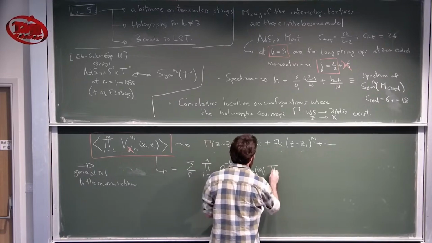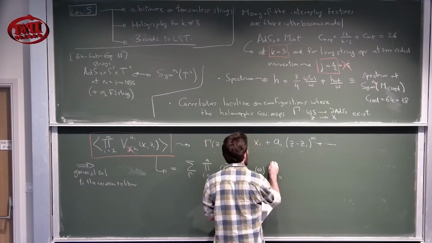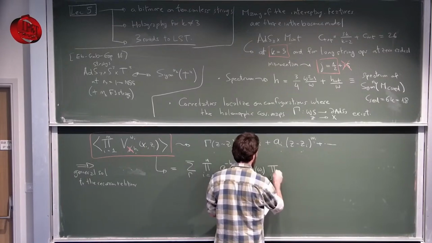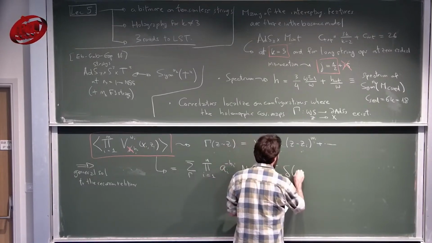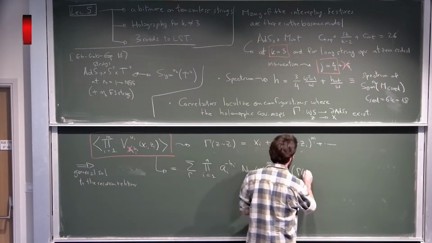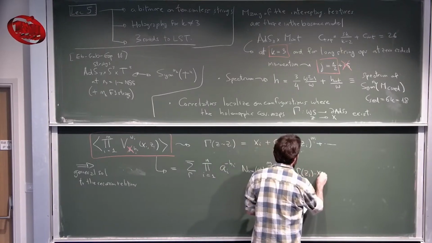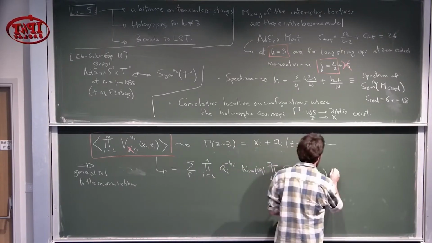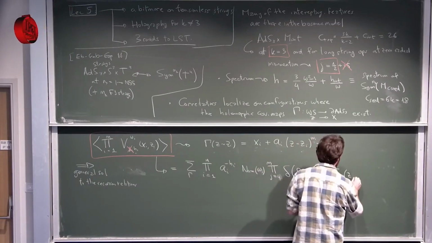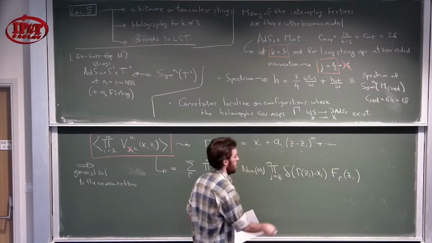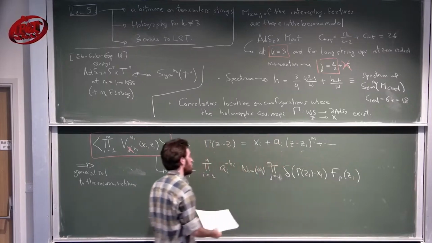And then from this, which is kind of the most interesting piece, a product of delta functions doing this, and then some function which depends on the actual covering map they chose.